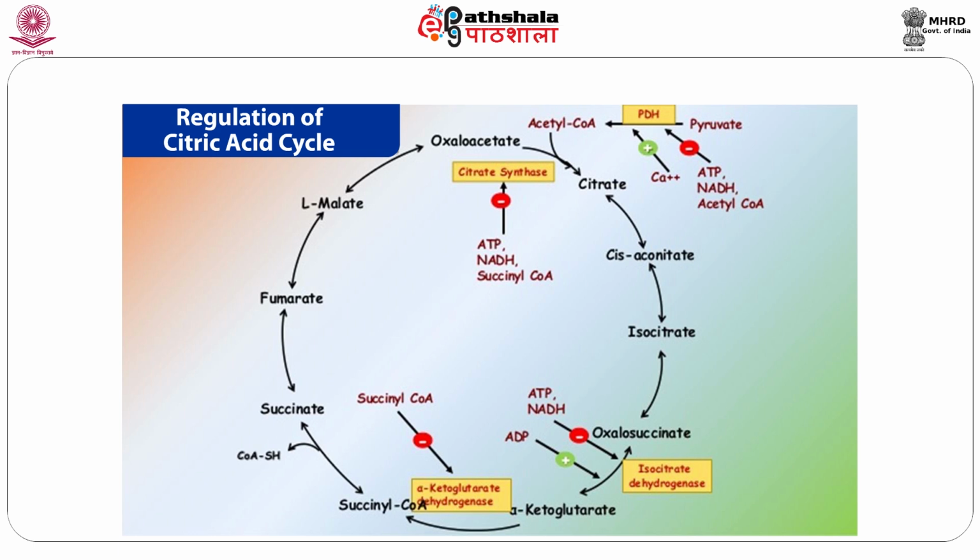Allosteric feedback inhibition of early enzymes by later intermediates of the cycle. There are 3 strongly exergonic steps in the cycle, those catalyzed by citrate synthase, isocitrate dehydrogenase and alpha ketoglutarate dehydrogenase. Each can become the rate limiting step under some circumstances.